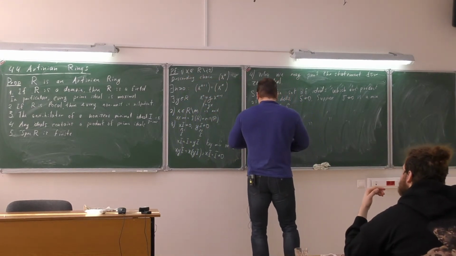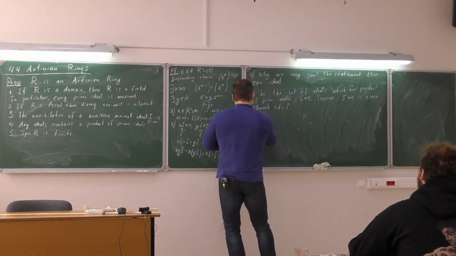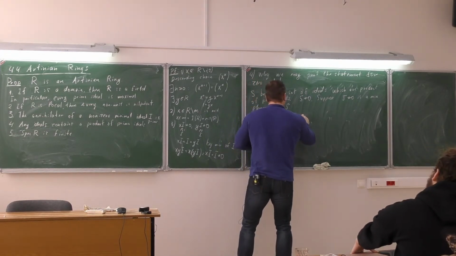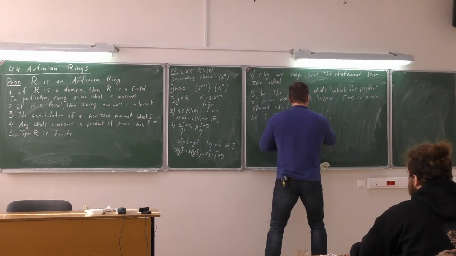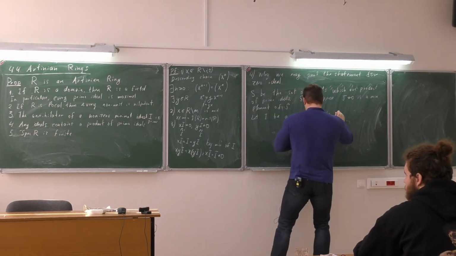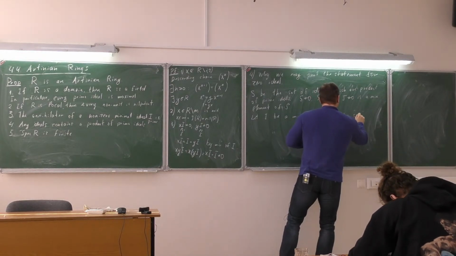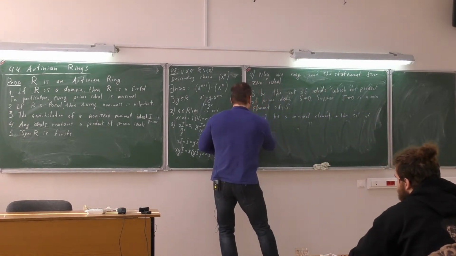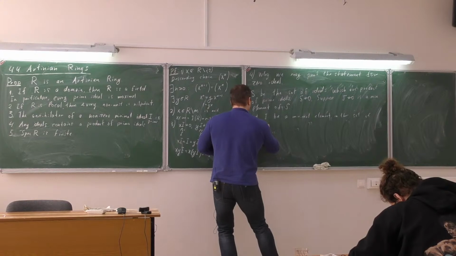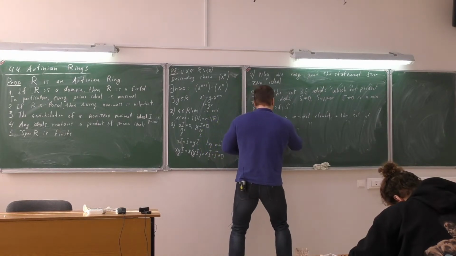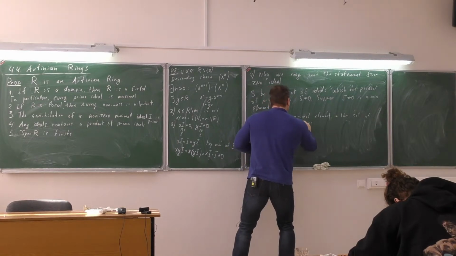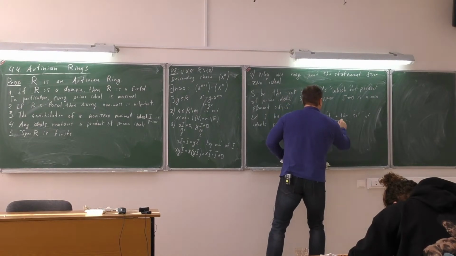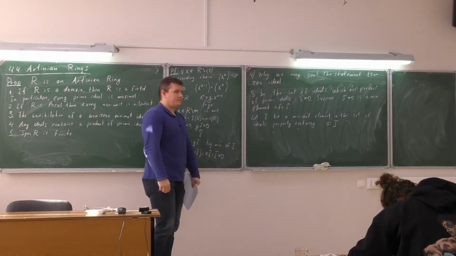So let's derive a contradiction. Now let I be a minimal element in the set of ideals properly containing the annihilator of this ideal J. Let me, for shortness, write the annihilator as the colon ideal.